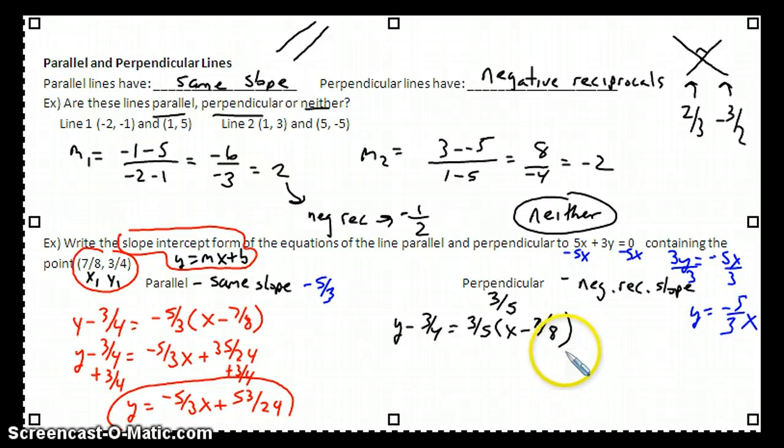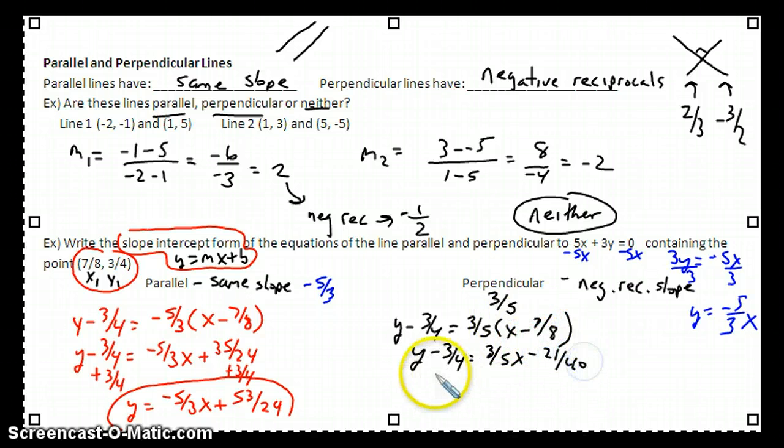And so if I use the distributive property, I get 3/5 x minus 21 over 40, and I'll add 3/4. And I'll end up with y being equal to 3/5 x plus 9 over 40.